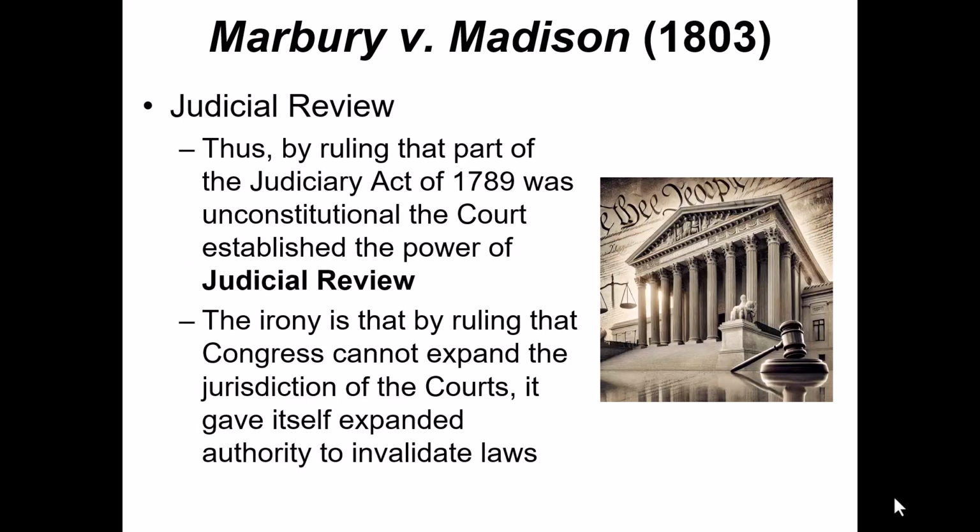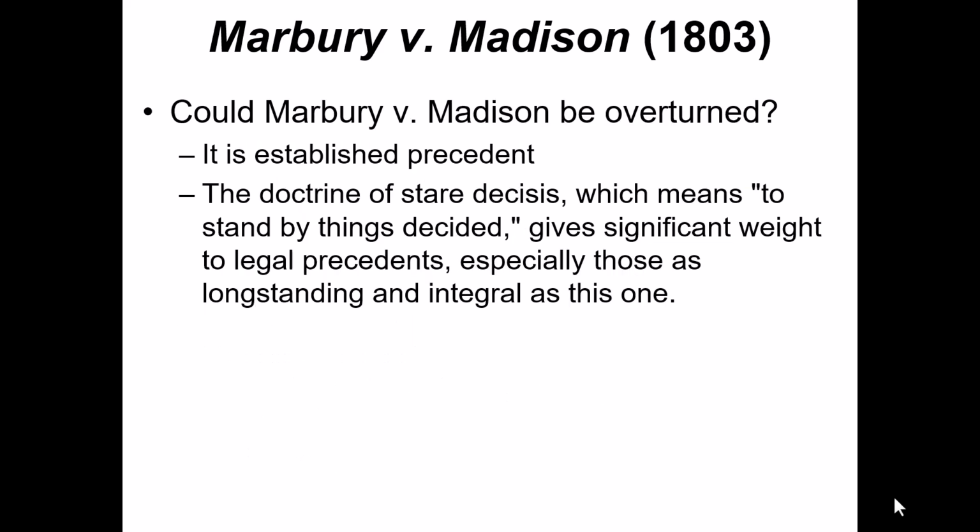Thus, by ruling that this congressional action is unconstitutional, the court creates this precedent of judicial review. The irony is that by ruling that Congress cannot expand the jurisdiction, it actually gives itself expanded authority to invalidate laws.